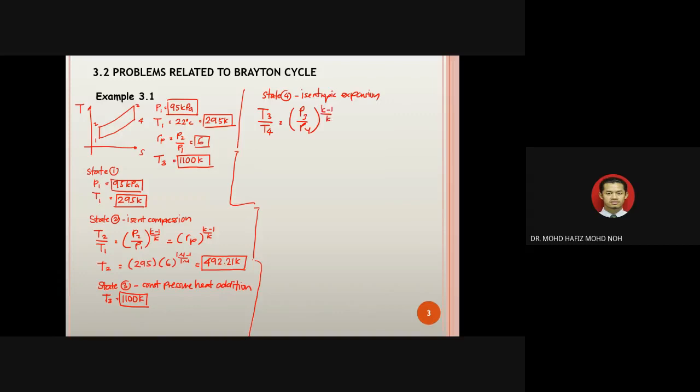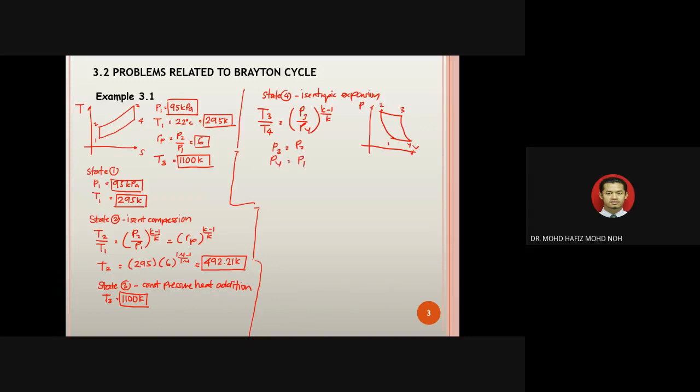Okay, so you know that P3, you refer to the PV diagram. So the PV diagram looks something like this: 1, 2, 3, 4. So P3 equals P2 and P4 equals P1.